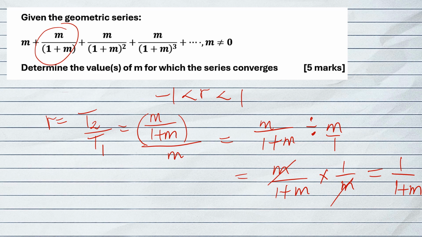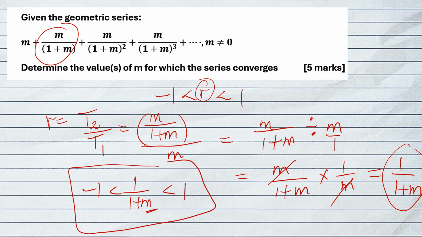So in this case, we need the values of r that are between minus 1 and 1, and obviously we need the values of m. So we replace r with 1 over 1 plus m, which must be between minus 1 and 1. What values of m will ensure that this fraction will always be between minus 1 and 1?